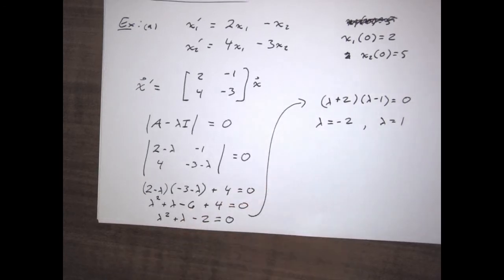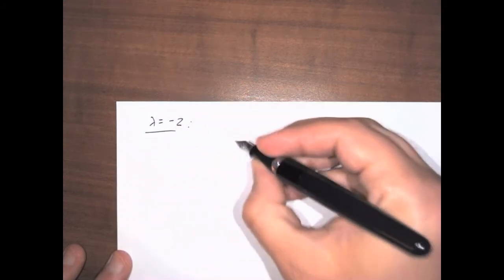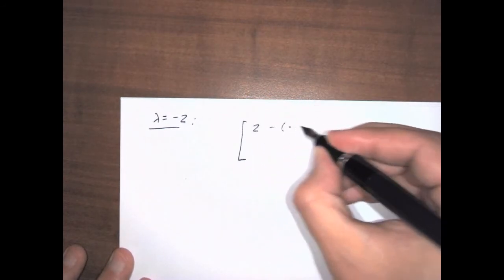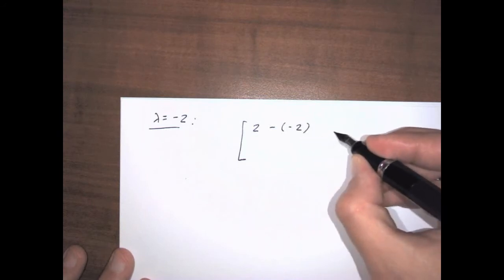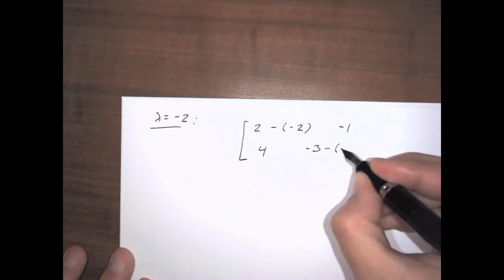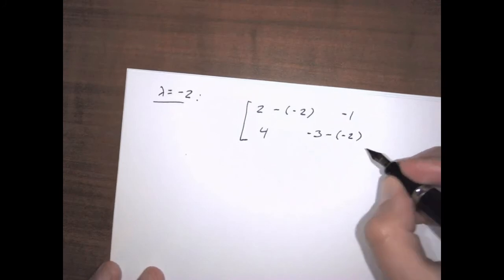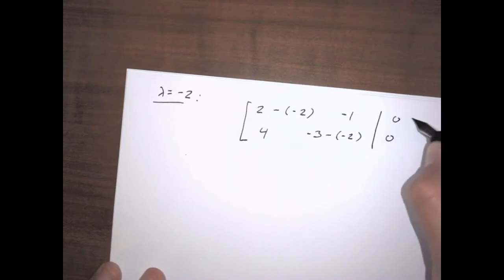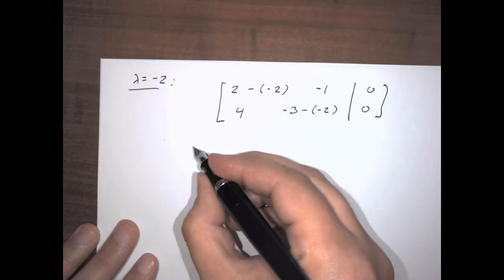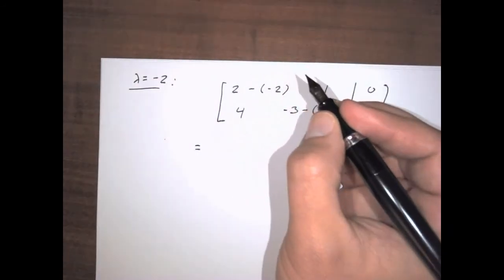So now to find the eigenvectors that go with those. The eigenvector that goes with lambda equals negative 2, we are going to find by taking the matrix 2 minus the eigenvalue we just found, negative 2, and then negative 1, and then 4, and then negative 3 minus negative 2, and then all of that augmented with zeros, and we just need to find any non-zero solution to the system that corresponds with this augmented coefficient matrix.